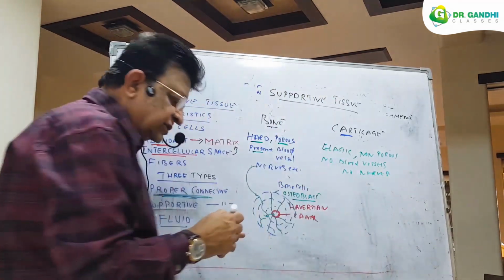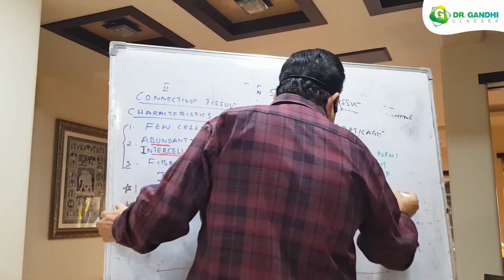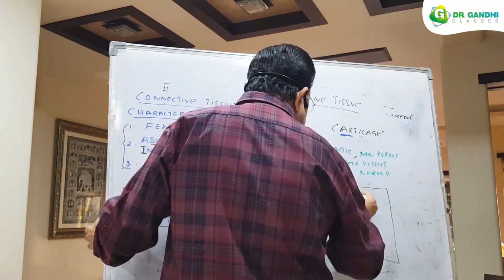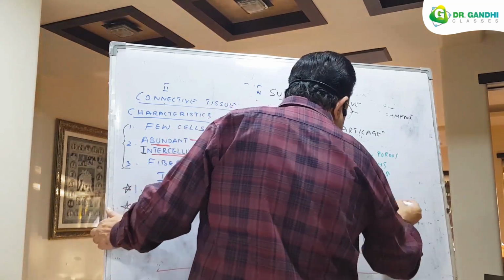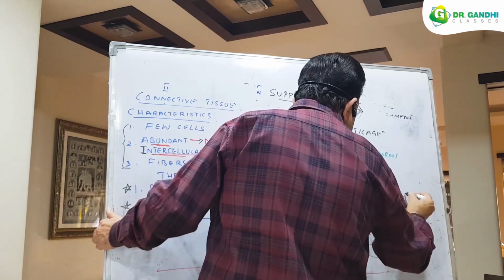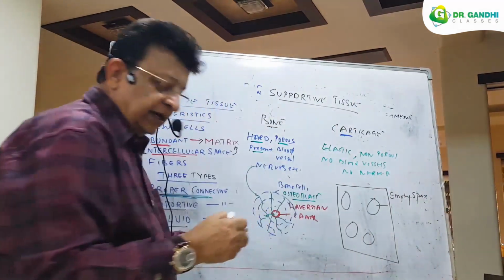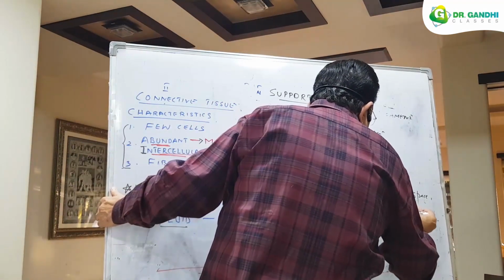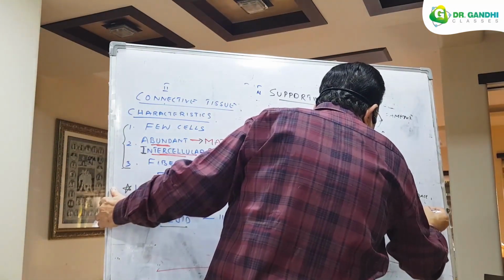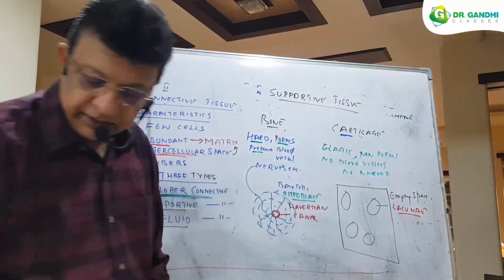So under the microscope, how does the cartilage look? So you can see there is a cartilage here. The cartilage has got empty spaces. This empty space in the cartilage is known as a lacuna, plural lacunae.